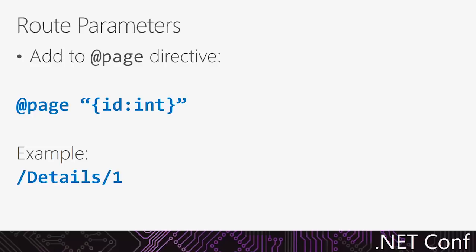Note that when you use a route constraint like int, you will get a 404 if there is a non-matching route that is passed. So if I had instead /details/Steve, well, Steve being a string would not match the constrained ID:int route, and so that would not match this page. If it didn't match any page or other route, it would then result in a 404.